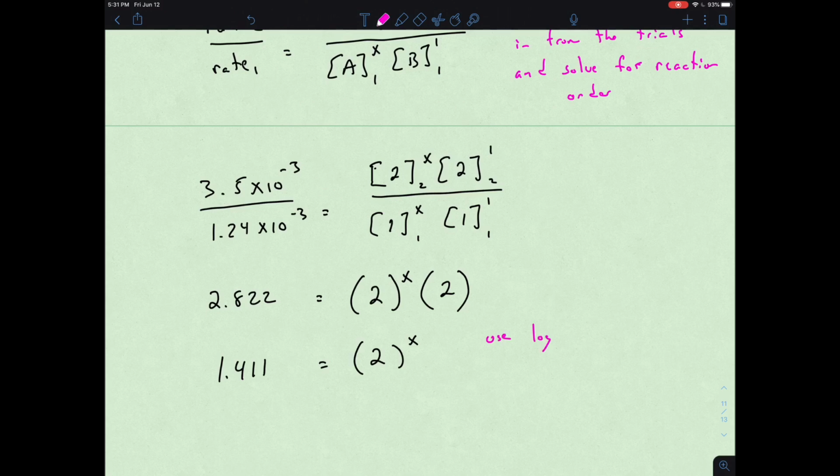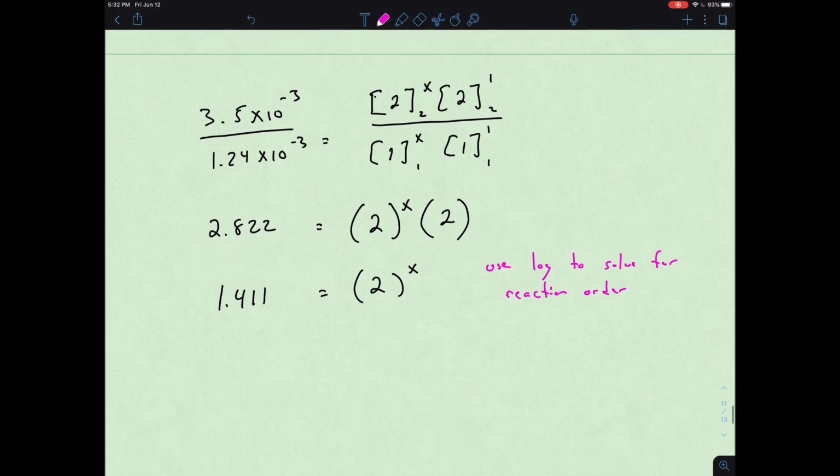Here is where we use log to solve now for reaction order. So we want to take now the log of both sides, and that's how we get the X value out in front of the material.